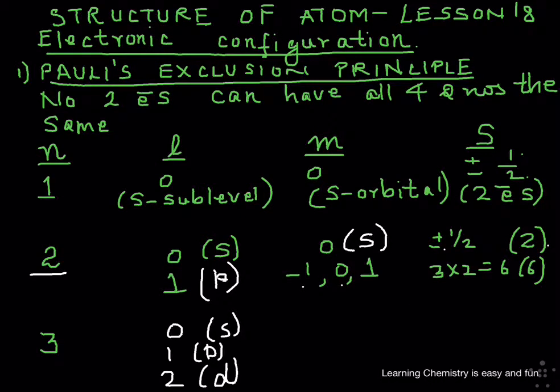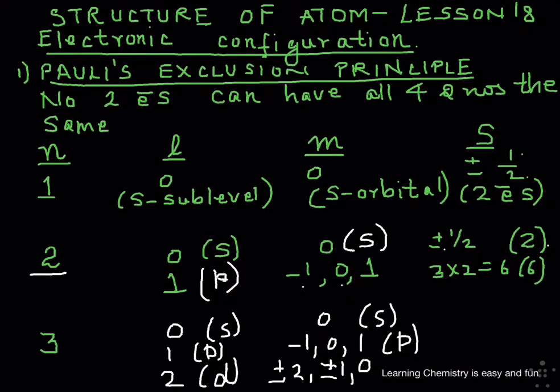Now, corresponding to each one of them, there's a 0, then minus 1, 0, 1. So, in other words, the s orbital, and these are the 3 p orbitals. Corresponding to the d sublevel now, the value of L is 2. So, the values of m can be ±2, ±1 and 0.